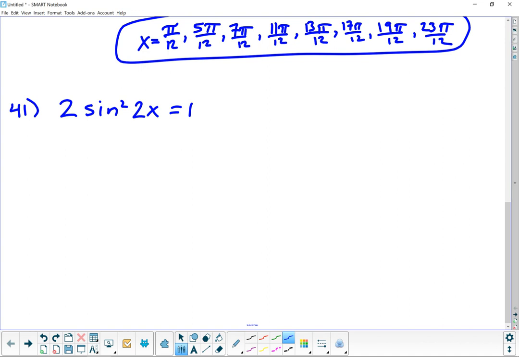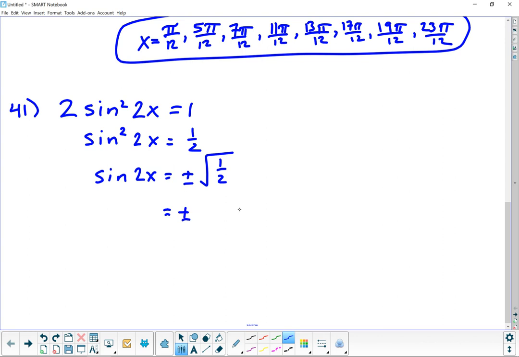All right, so divide both sides by 2. So sine squared 2x equals 1 half. Square root both sides, so you get sine 2x equals plus or minus the square root of 1 half. The square root of 1 is 1, and the square root of 2 is radical 2.